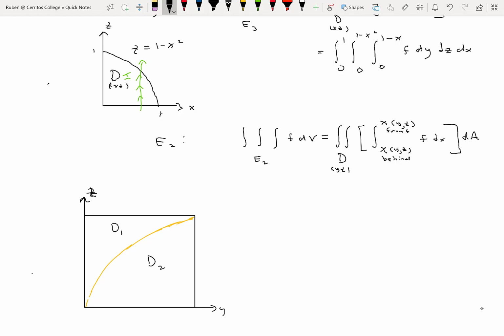And D1 is the projection of the parabolic cylinder into the YZ plane.